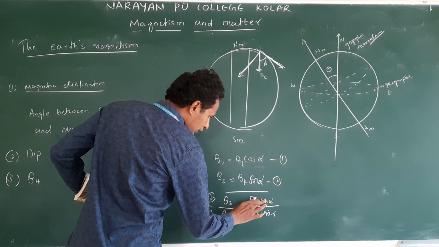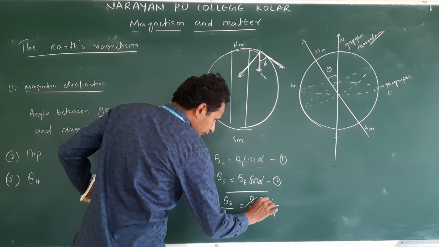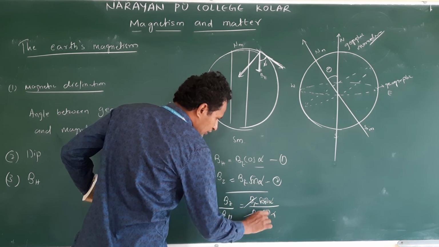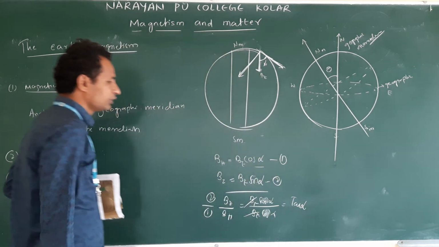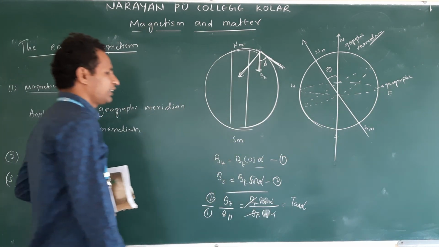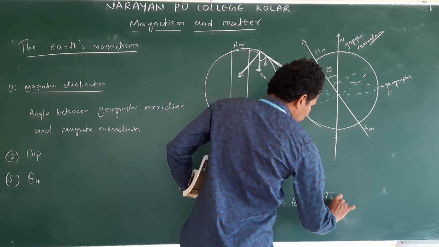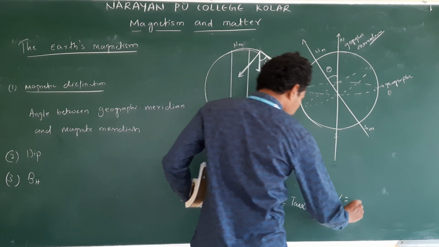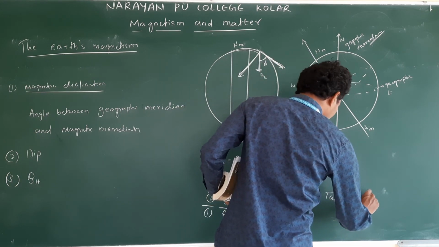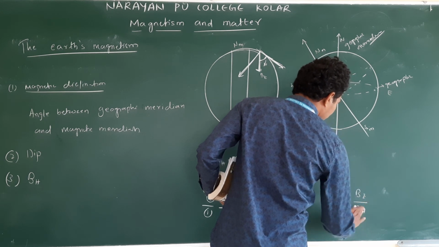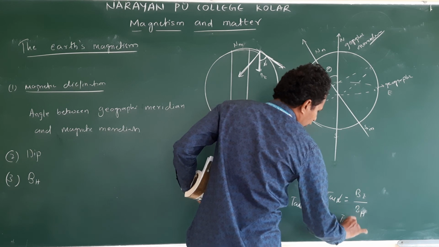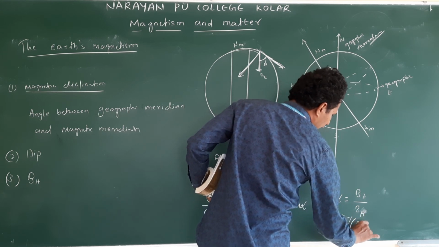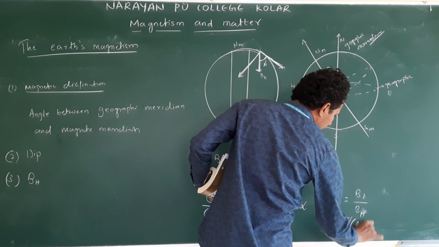So sorry, this is sin and this is cos, and this is tan alpha. Okay. So tan alpha is equal to BZ by BH. Or you can write alpha is equal to tan inverse of BZ by BH.